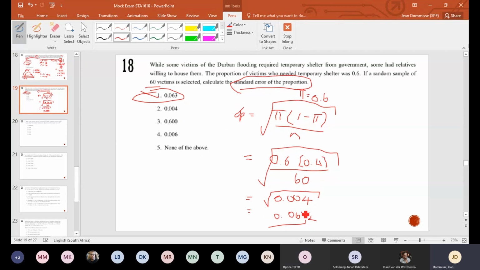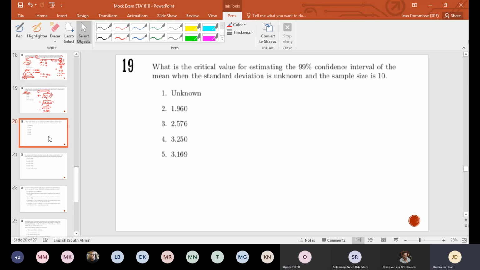This is the thing with this subject: for each answer you think of, there can still be another option. You could have gotten the 0.04, and that answer will be there for you on the paper. So again, this is how you need to concentrate in the exam. Okay, let's go to the next one.